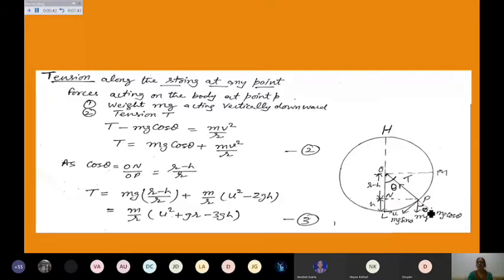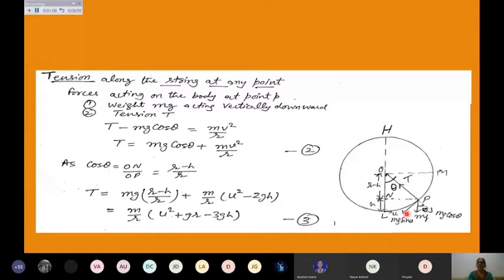So when this angle is theta, I am resolving it into components. So when you resolve it into components, you will be getting mg cos theta along this line, and mg sin theta will come perpendicular to it. Of course, like we have done in simple pendulum, this is mg sin theta which tries to bring the body back to the mean position because it is producing the restoring force. But we are not focusing on this component at this minute.